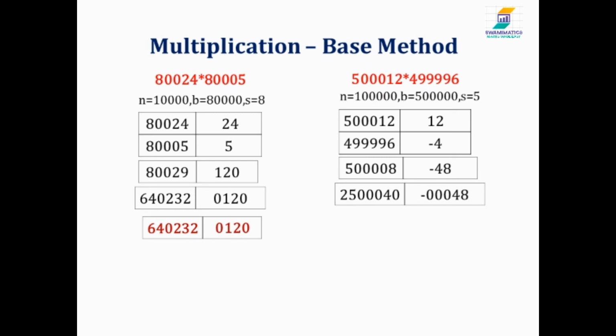Now when you look at the number on the right side of 5 lakh 8, it's a negative number and has 2 digits. But the number base has 5 zeros, so I need to affix 3 zeros. So 3 zeros 48. But when it is negative, it means I need to subtract.